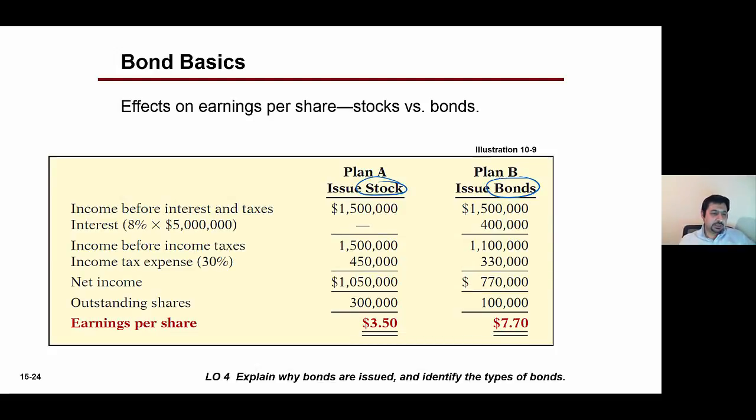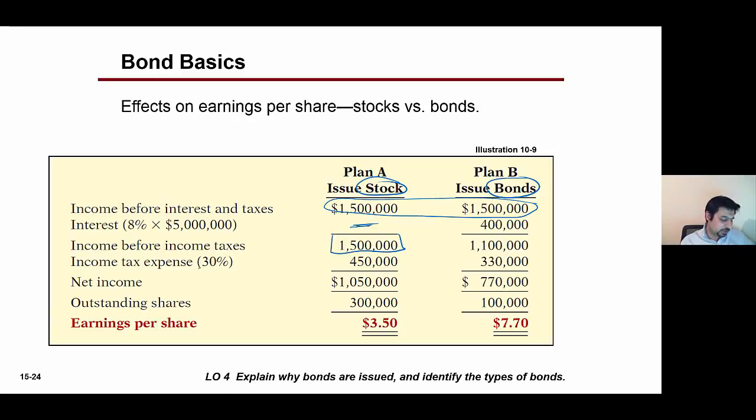Let's say, assuming that the income before interest and taxes was 1,500,000. According to the first plan, where the company raises cash by issuing stock, the company will not pay any interest. So the income before taxes will be 1,500,000.